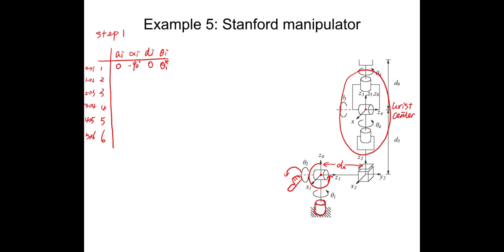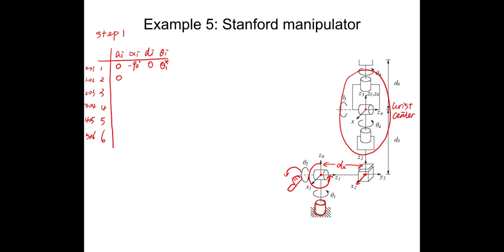I gave this link, this geometry, as d_2, and if you have the real manipulator, you can use a ruler to measure what d_2 is. And then what is a_i? We measure the distance between Z1 and Z2 on the X2 axis. This is my X2 axis, and the projection of Z1 onto it is here, and Z2 is here. So a_i is 0.